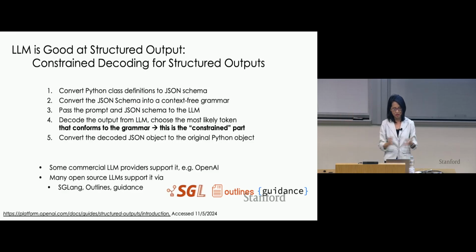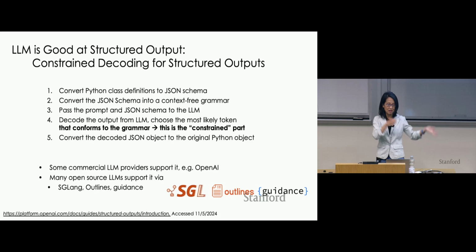So this is roughly what it does. Some of these LLM systems support this, for example OpenAI, and also open source versions like SGLang, Outlines, and Guidance. What it actually does is convert the Python class definitions that we create into JSON schema. It converts the JSON schema into a context-free grammar. Then you pass the prompt and the JSON schema to the LLM to put it into the JSON.